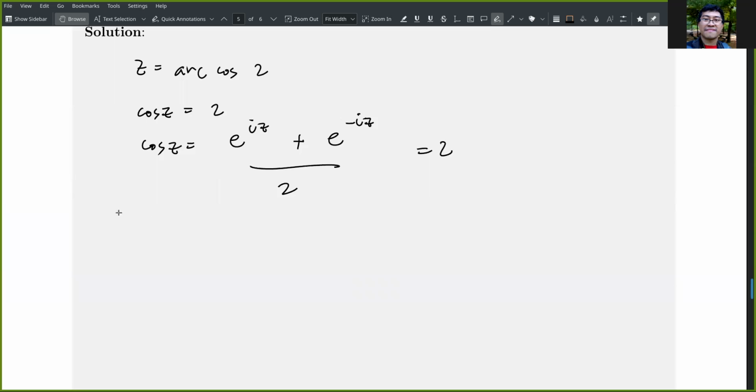So what we can do, we substitute this e to the iz with a variable u. So you have u plus u to the minus 1 divided by 2 equals 2.